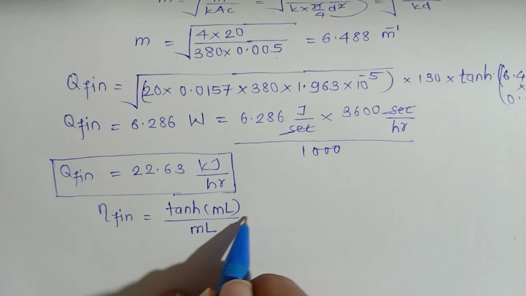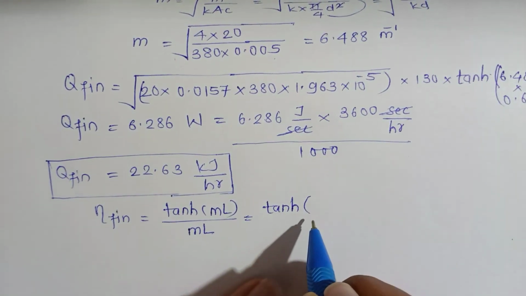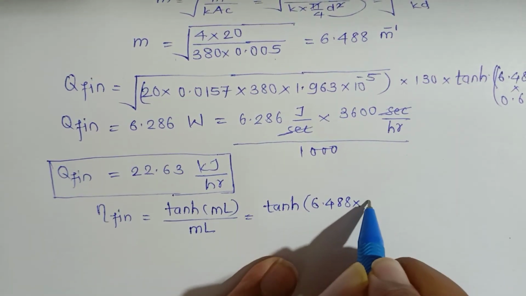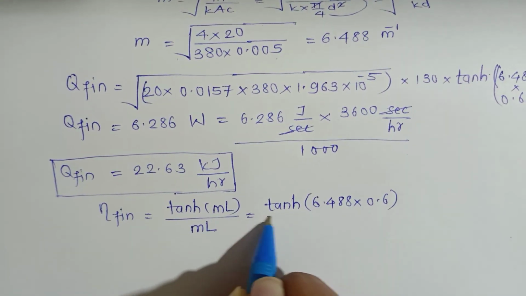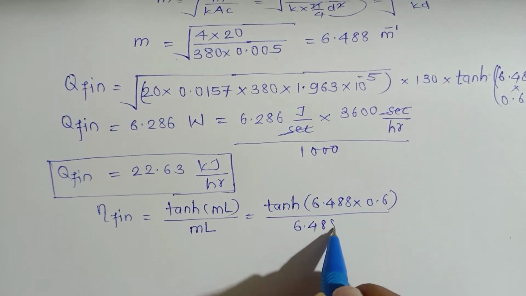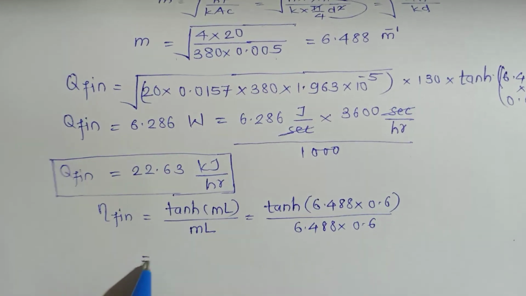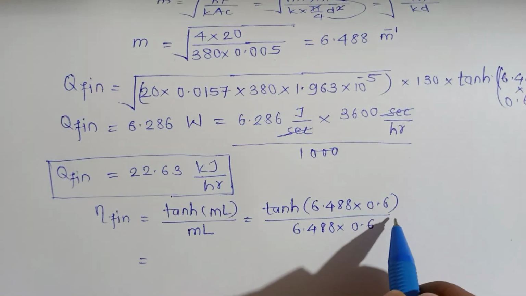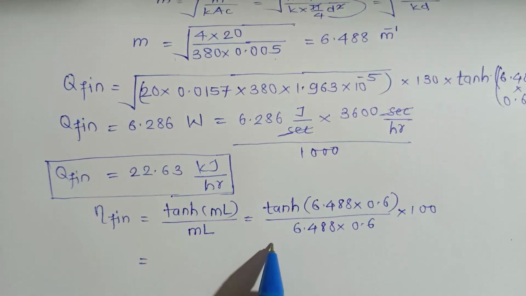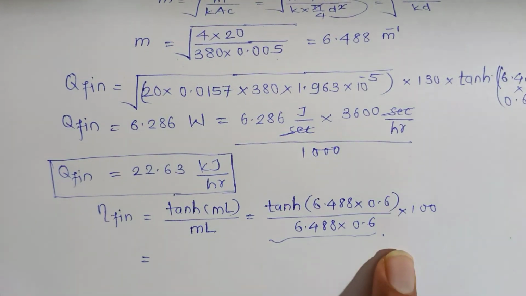We already have all the necessary quantities, so it will be hyperbolic tan of m, which is 6.488 multiplied by 0.6, divided by 6.488 multiplied by 0.6. So let us find out. Actually this expression should be multiplied with 100, so that whatever the value comes out of this entire quantity, we will get that in terms of percentages.